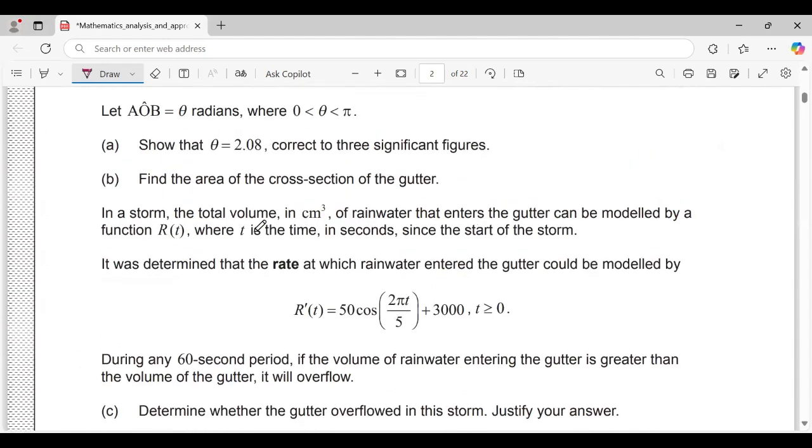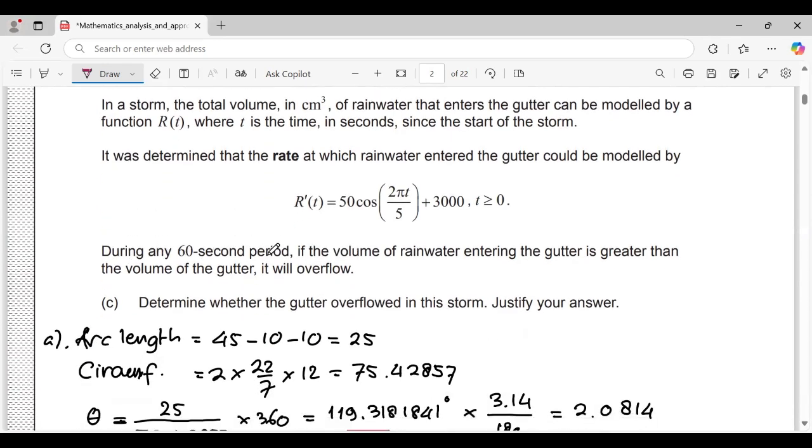In a storm, the total volume in cubic centimeters of rainwater that enters the gutter can be modeled by a function R(t), where t is the time in seconds since the start of the storm. It was determined that the rate at which rainwater entered the gutter could be modeled by this function.